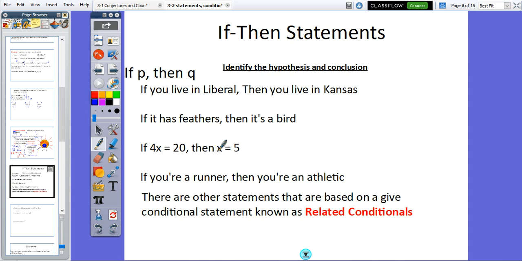We say, all right, 4x equals 20, so we conclude by dividing 4 on both sides that x equals 5. Well, that's an if-then statement. If this is the problem I gave you, this is the answer you gave me. So when we do math, we as teachers give you a bunch of if questions that I need you to make a conclusion for. You're giving me the conclusions, and that's what you turn in as your answers.